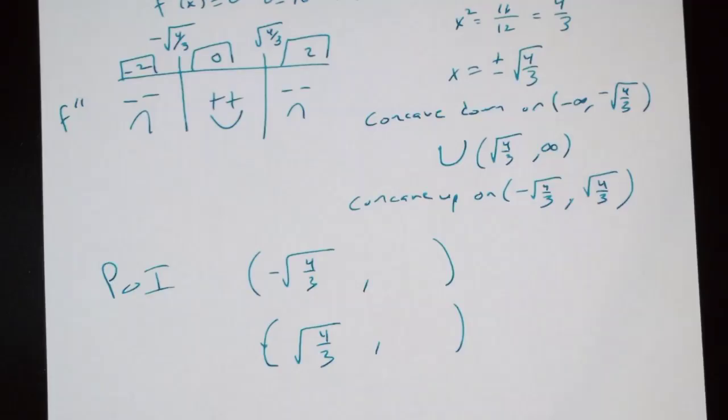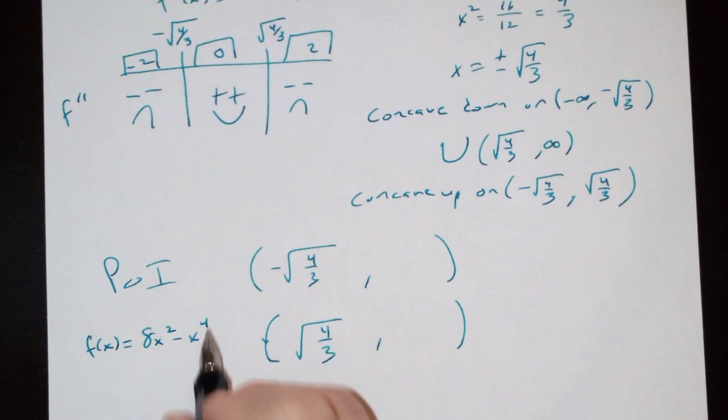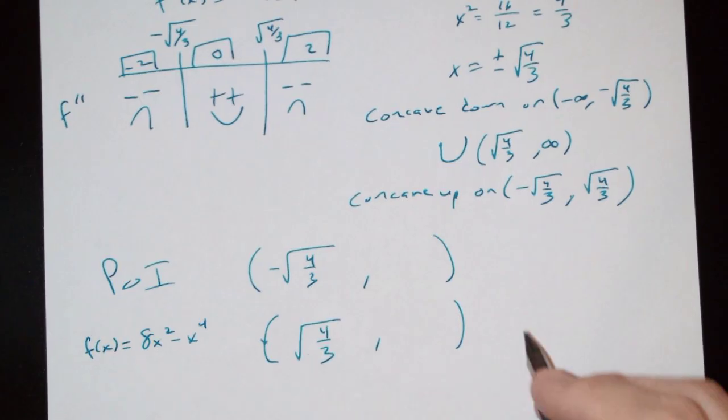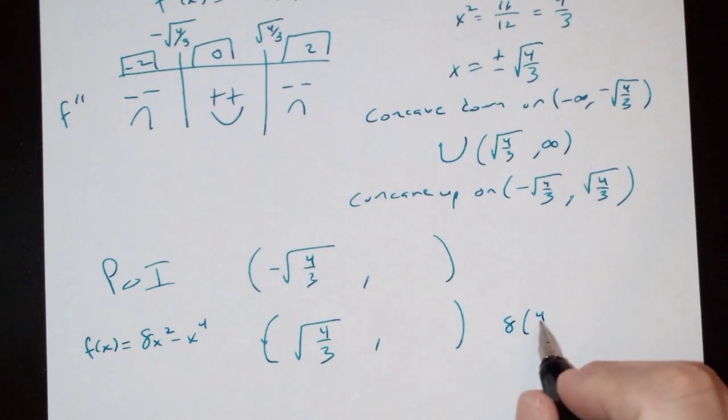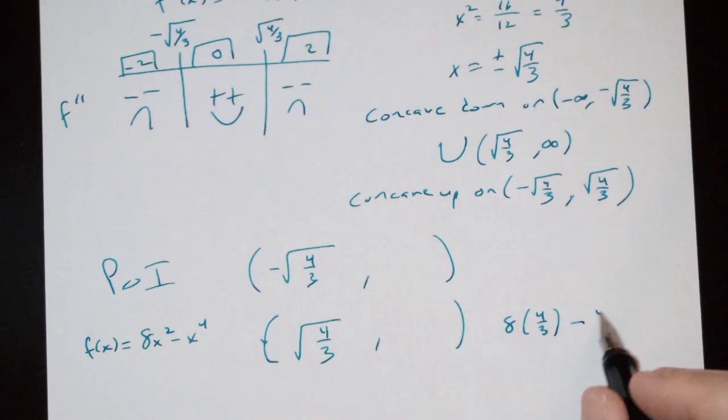But if I go back and I look at my original equation, I'm squaring that number. That gets rid of my square root, right? So if I put in 4/3, I get 8, square root cancels by the square, minus, then I'm going to square it again, 4/3 squared.